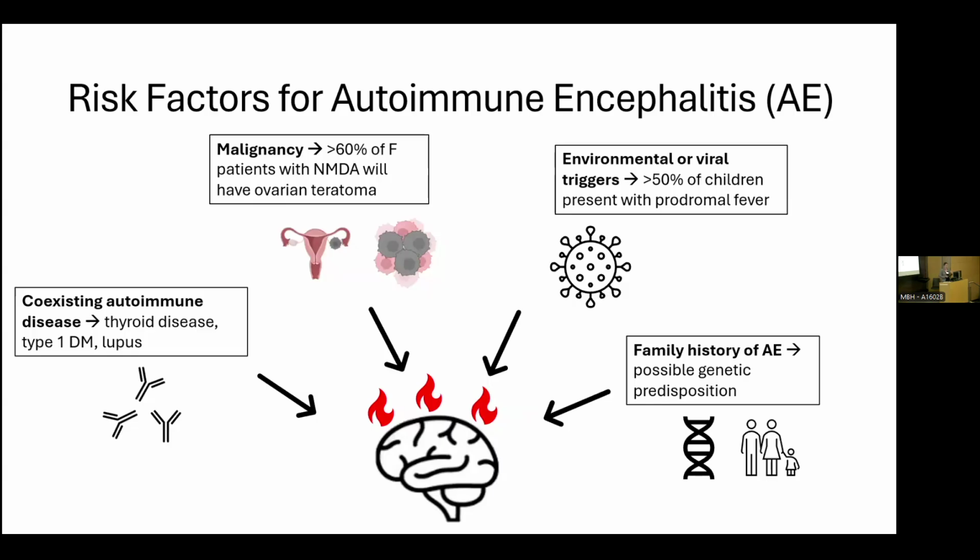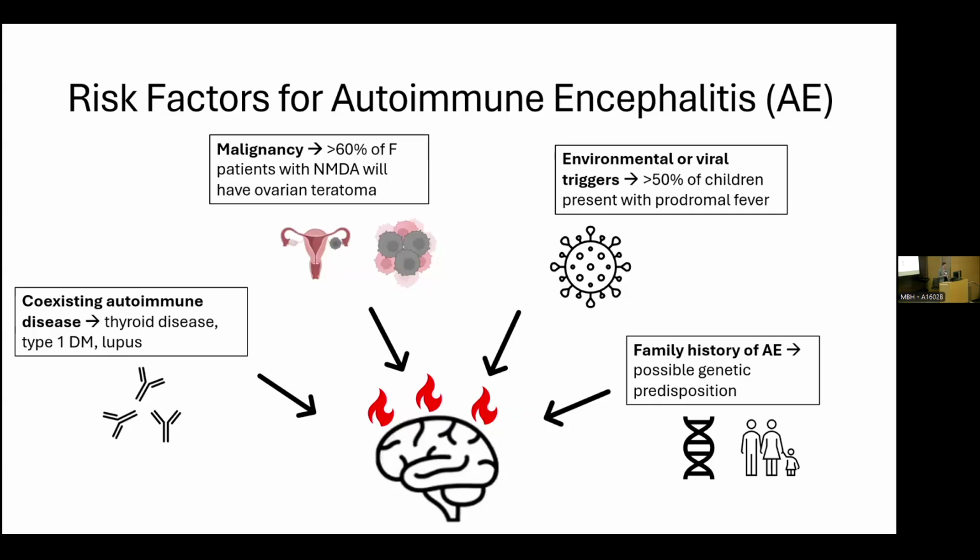So you'll oftentimes hear us recommending CT abdomen pelvis or an ovarian ultrasound to see if there is an ovarian teratoma, because removal of this often improves symptoms. Environmental or viral triggers are also relevant.